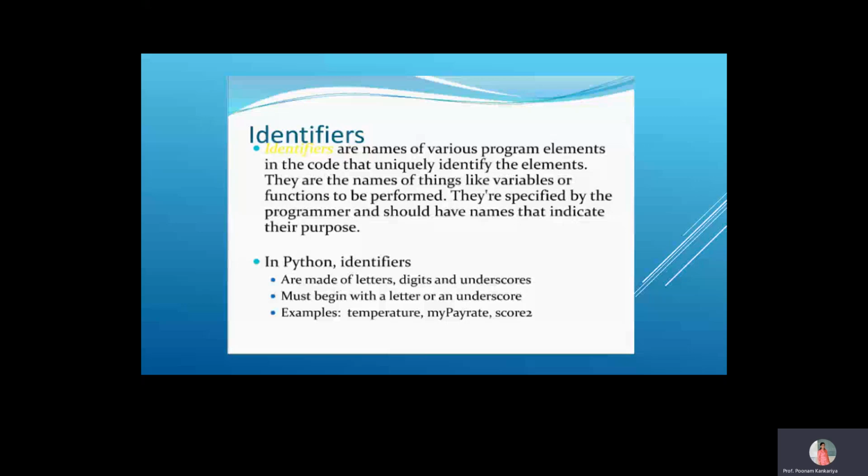There are some rules of naming convention for Python identifiers. Class names start with an uppercase letter, while other identifiers start with a lowercase letter. Starting an identifier with a single leading underscore indicates that the identifier is private. Starting an identifier with two leading underscores indicates a strongly private identifier.